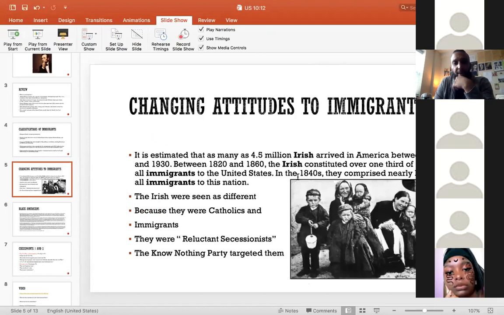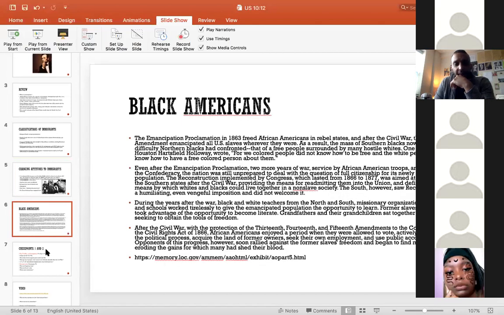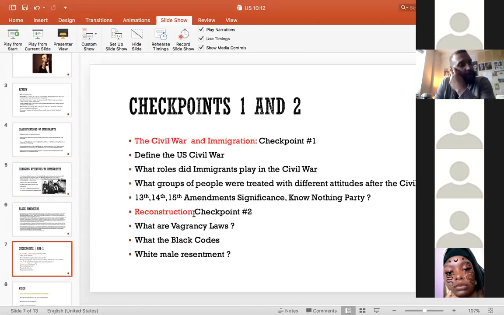Who are these folks up here in this picture? These were the Irish, okay? So the Irish were treated differently. The freed slaves were treated differently. The 13th, 14th, and the 15th Amendment we're going to go over. Their significance, you're going to need to know why.